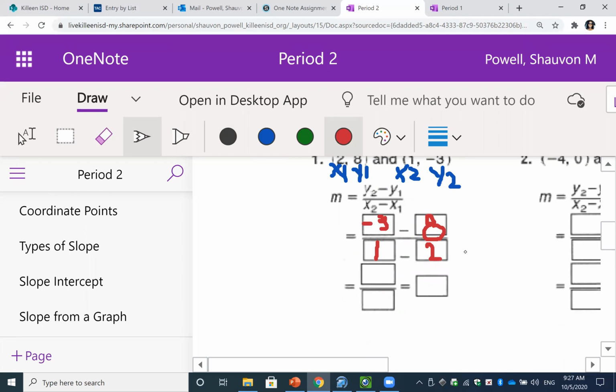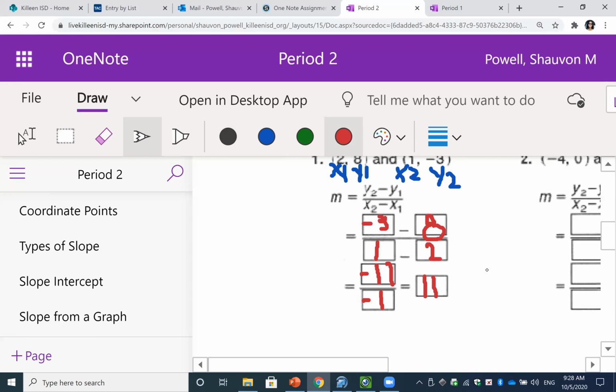In the calculator, you're first going to put your numerator in. Don't put it all in together because it's just going to give you the answer. So put your numerator in first, which is -3 minus 8. And that gives us -11. So up on top, we have -11. And then 1 minus 2 is a negative 1. So we have negative 1. And negative 11 divided by negative 1 is a positive 11. And that will be our answer.